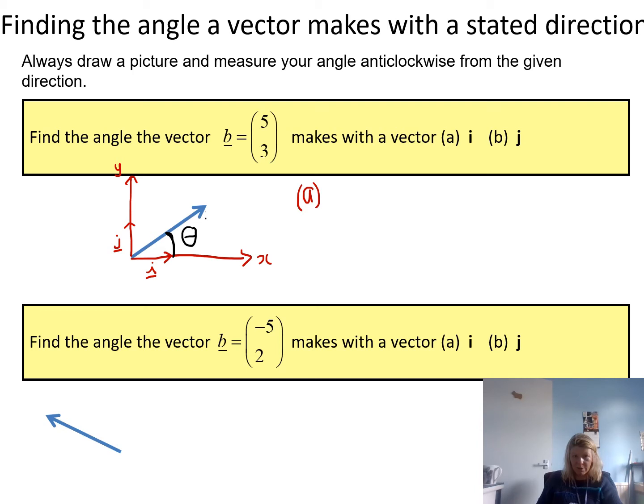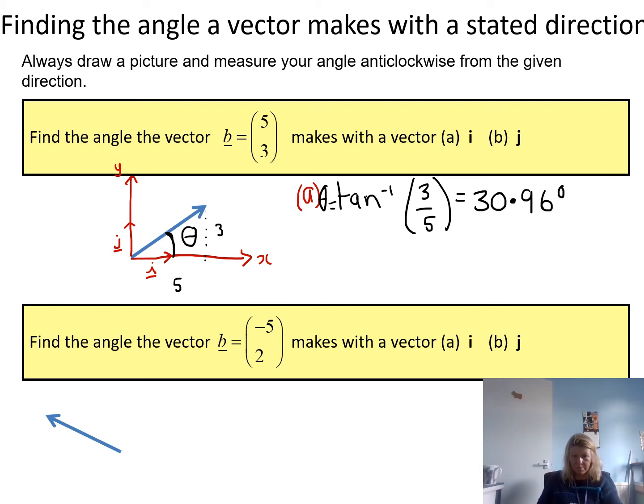Now remember, this is up 3 along 5, so it would be tan to the minus 1 of, oh, so that's our theta. Tan to the minus 1 of opposite over adjacent, and press the buttons and out comes 30.96 degrees.